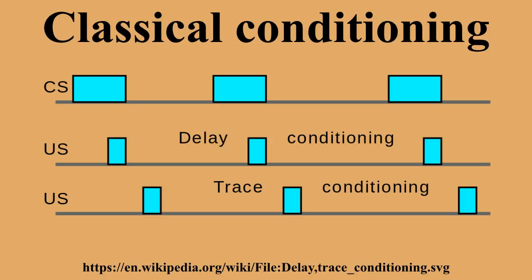Robert A. Rescorla provided a clear summary of this change in thinking and its implications in his 1988 article, "Pavlovian Conditioning: It's Not What You Think It Is." Despite its widespread acceptance, Rescorla's thesis may not be defensible.